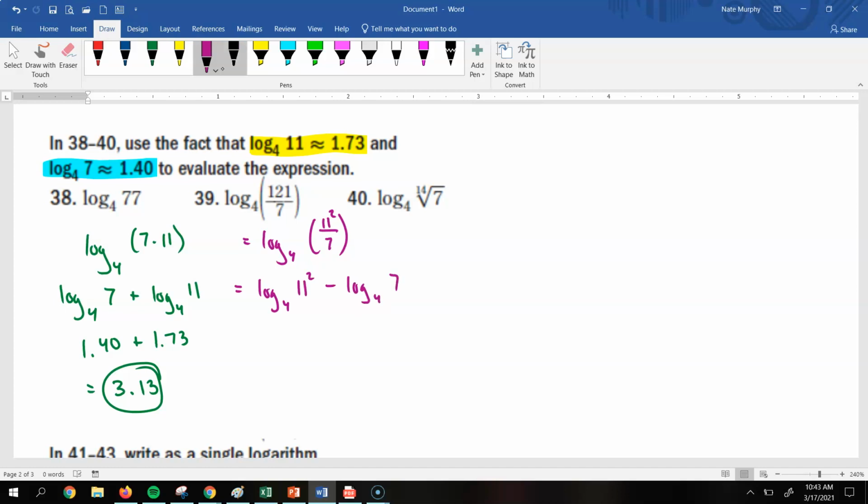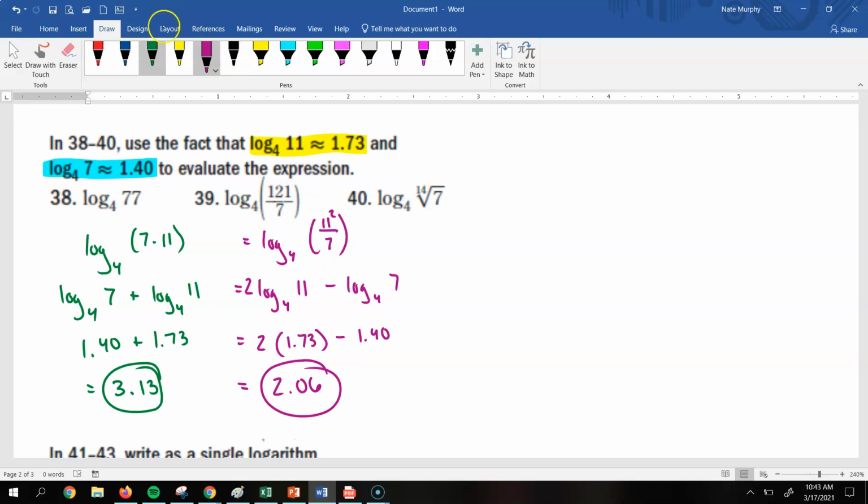And that exponent, that 2, we can put in front of that logarithm. So now, log base 4 of 11 we know is 1.73. And log base 4 of 7 is 1.40. So on my calculator, if I take 2 times 1.73 and then subtract 1.4, we end up getting 2.06 as our answer.